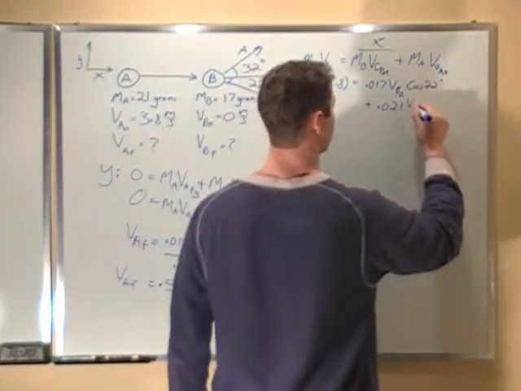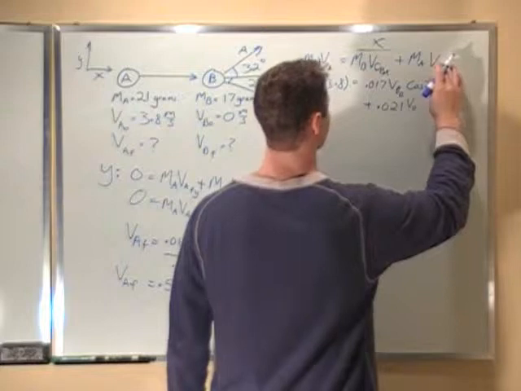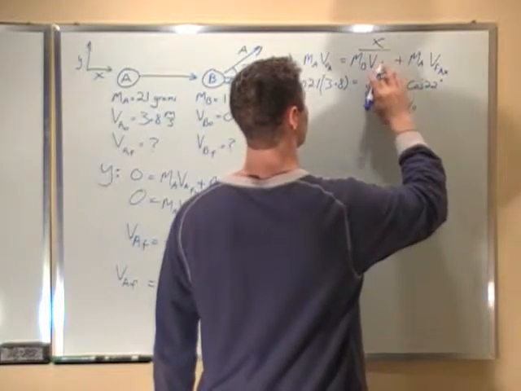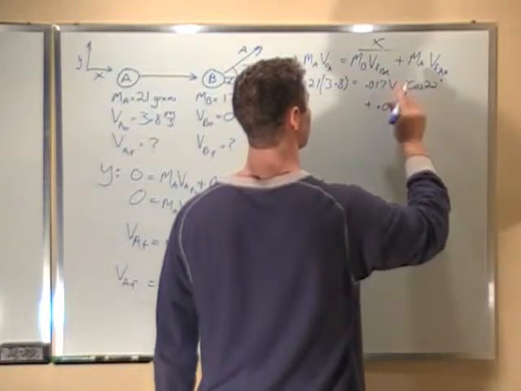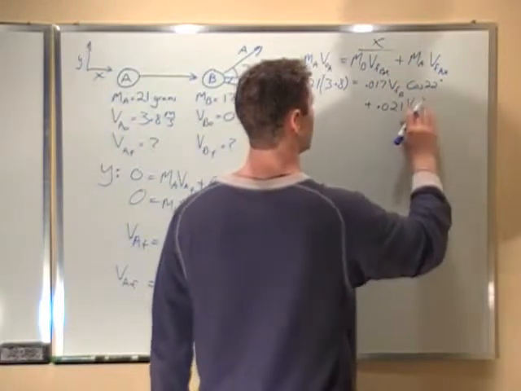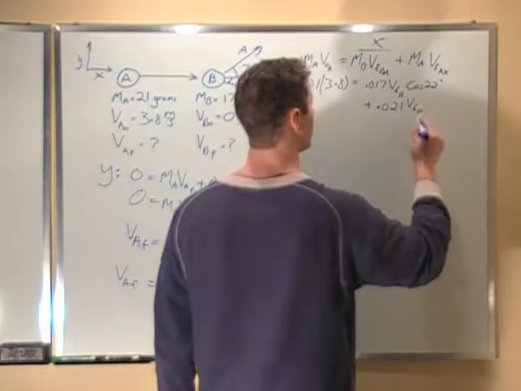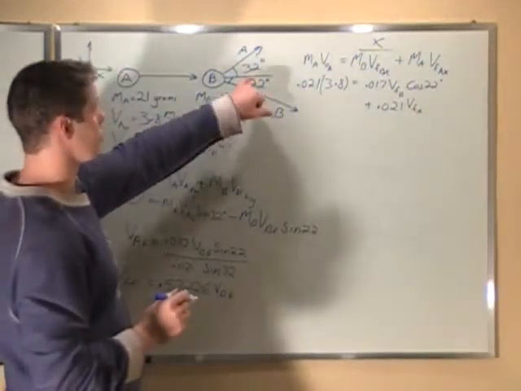So that's V naught, sorry, this is V final. This is V final on this side. I wrote that wrong. V final A times cos of 32.